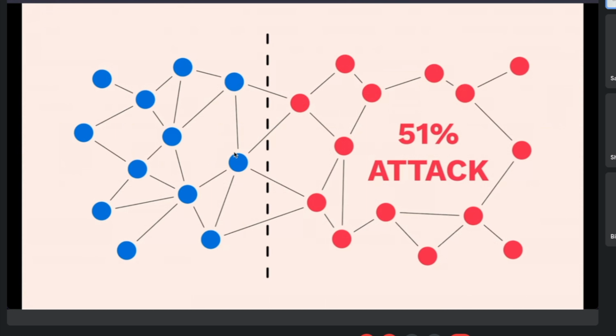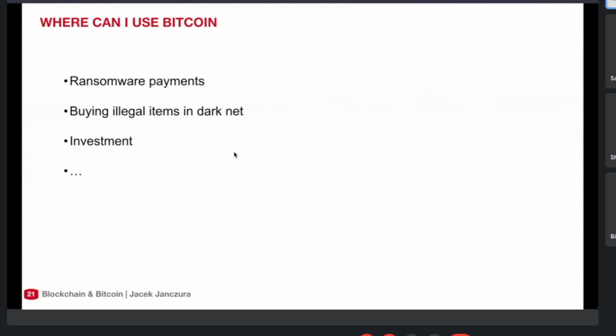Another type of attack is the 51% attack. Since this is all based on probability, if I get over 51% of the network, I can attack to rewrite the transactions. I can rewrite the transactions, modify them, and take over the power of the network. As long as I got 51% of the network, I can take over the network. In case of Bitcoin, it's not possible because the network is too big.